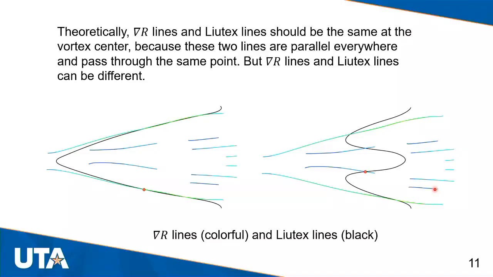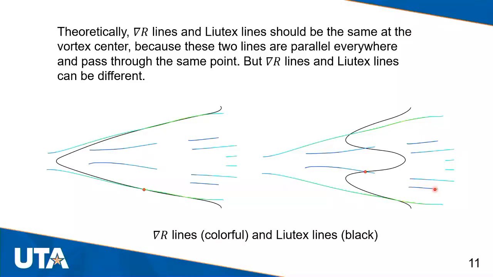But when we played with our DNS results, what we found is they are not necessarily the same line. For a strong vortex, they can be the same line for a period, right? But for weak vortices, there can be a big discrepancy.